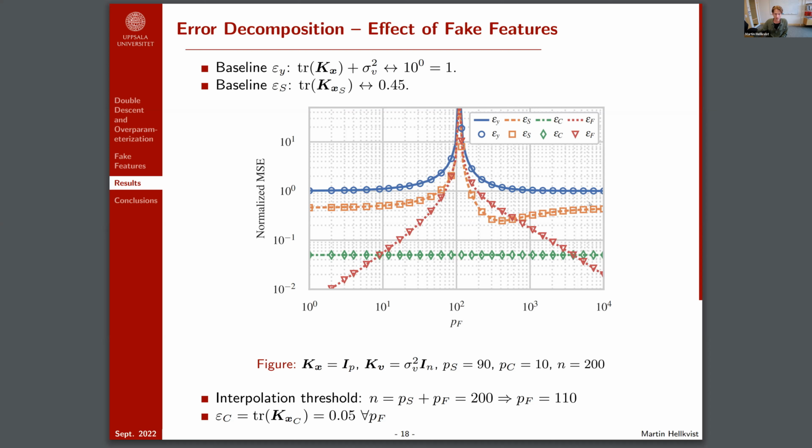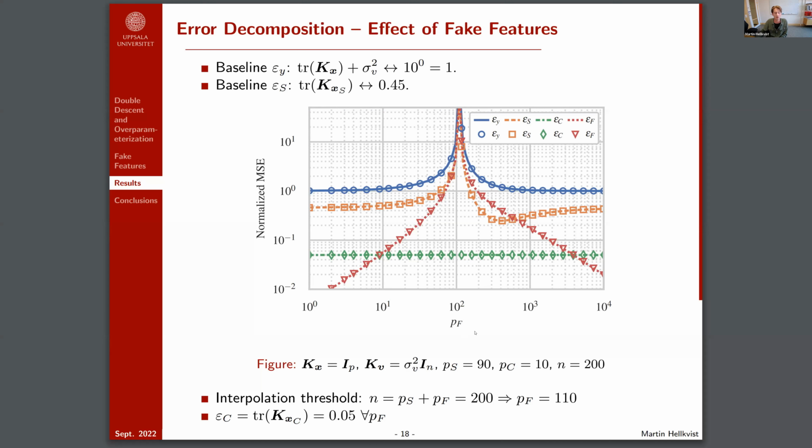So the first thing to notice in this plot is that our expressions indeed do match the simulations. The markers denote evaluations of the expressions, and the lines in the plot come from simulation. And we also observe for this epsilon Y a double descent type of behavior as we go into this overparametrized regime. I should mention, given these problem dimensions n equals 200 and PS equals 90, the interpolation threshold would be at PF equals 110.